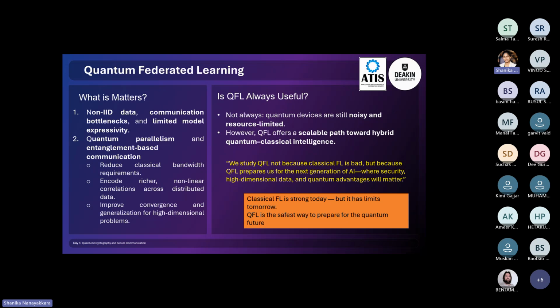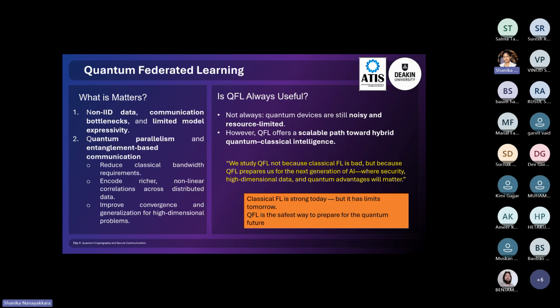Because quantum states can encode much more information in fewer physical resources, QFL becomes very effective. Quantum circuits naturally capture complex patterns. I think you got the idea about these things in yesterday's workshop.